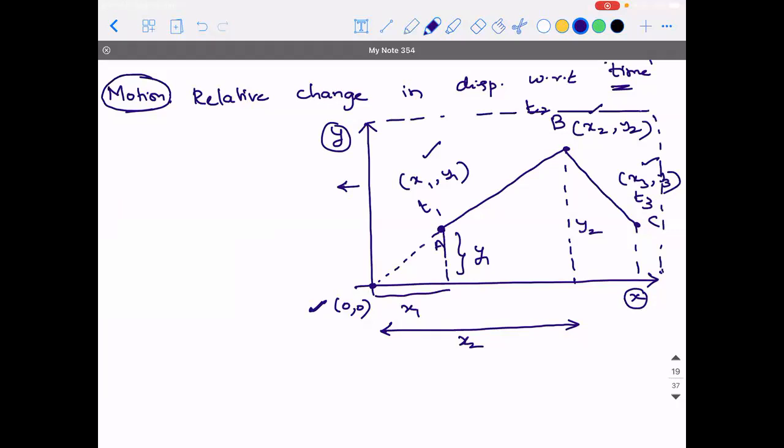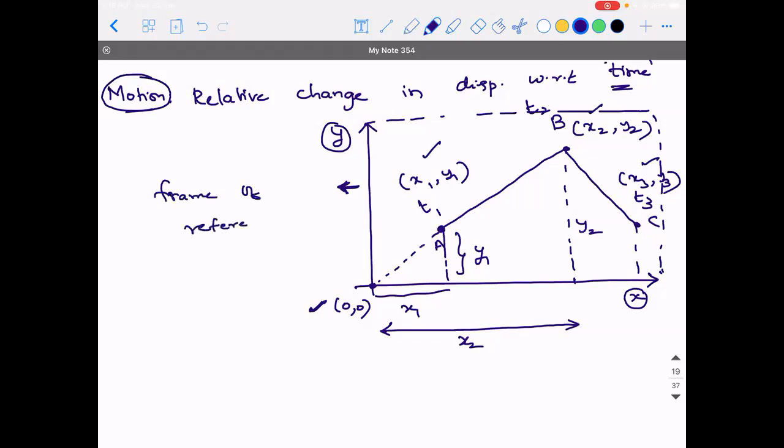So if I capture a picture of this, then can I say this whole motion can be put into a photo frame? Right. So this kind of a frame where you're taking certain reference points to analyze the motion of an object is what we call it as frame of reference.